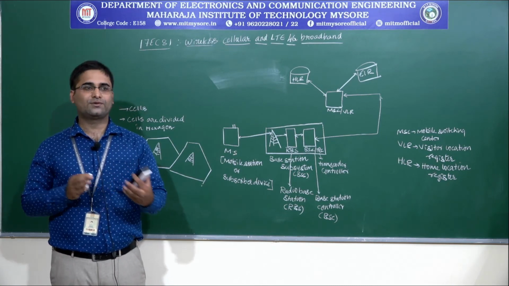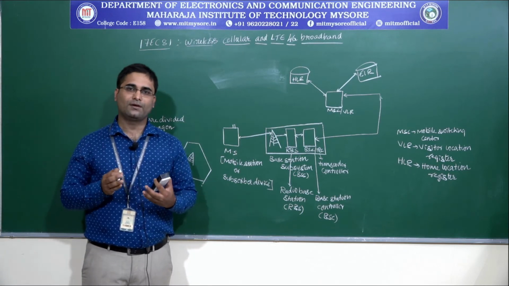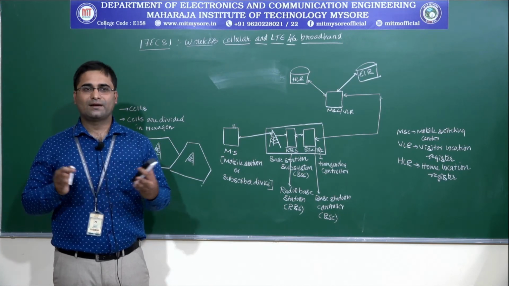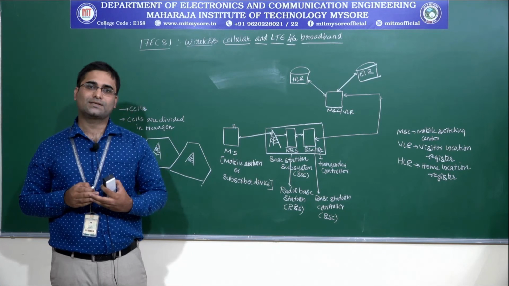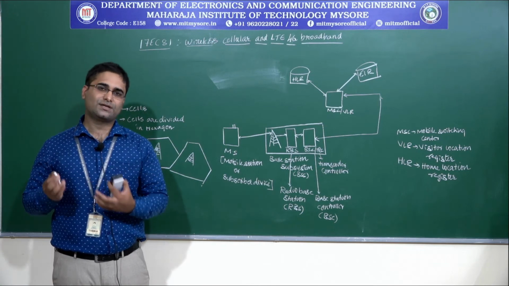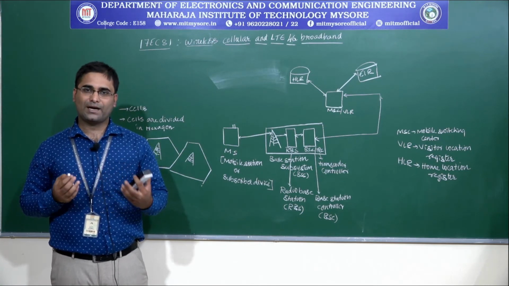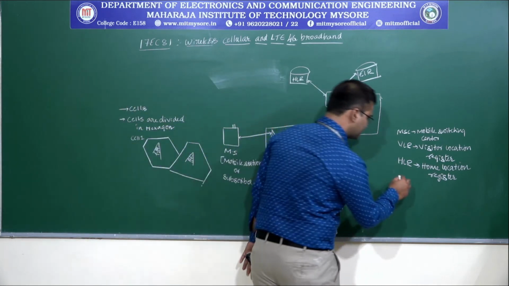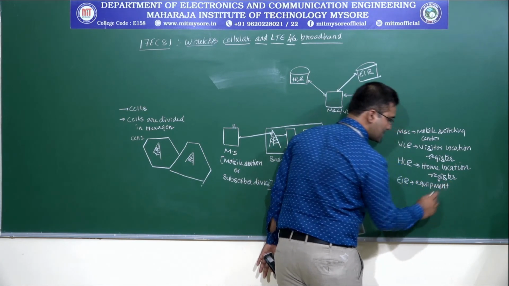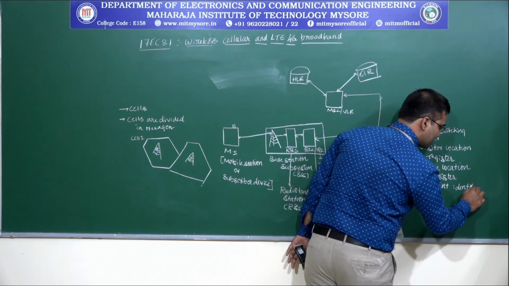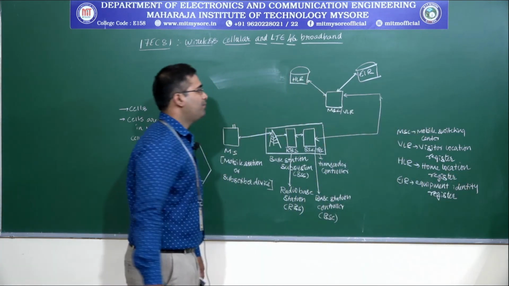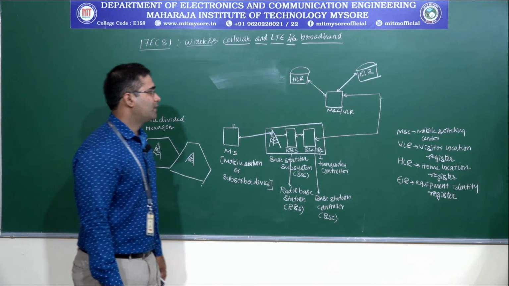To provide this uniqueness, we have a defined set of serial numbers, called the IMEI number, the International Mobile Equipment Identity number, and these numbers are stored in the Equipment Identity Register, the EIR.